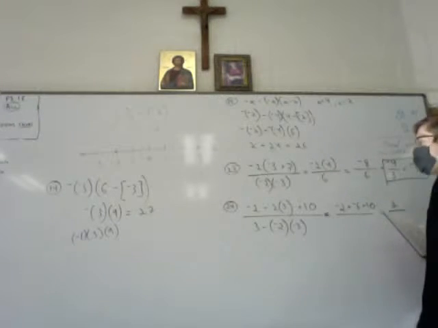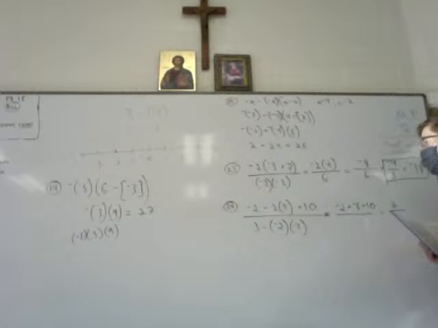What happens on the bottom first? Multiplication. So it's 3 minus 2 times negative 3. What things are we multiplying together here?